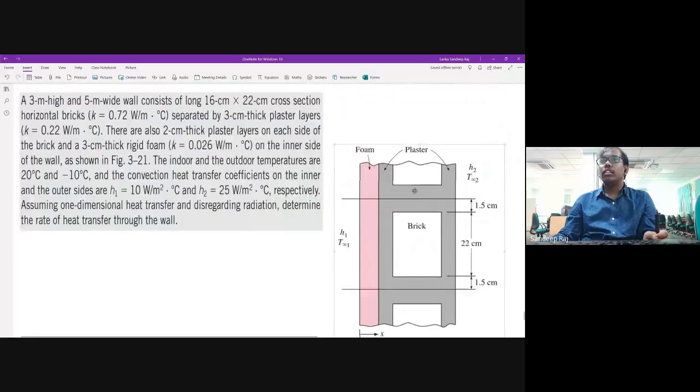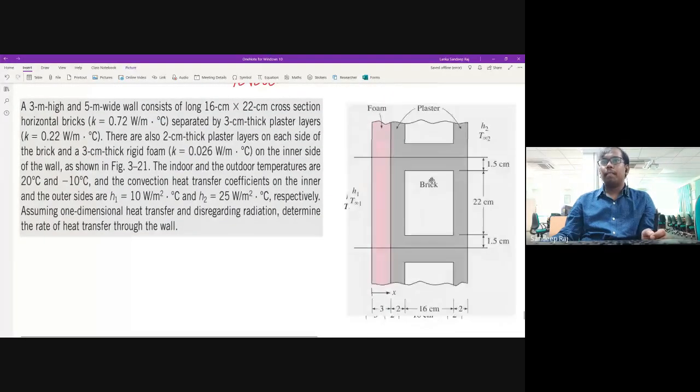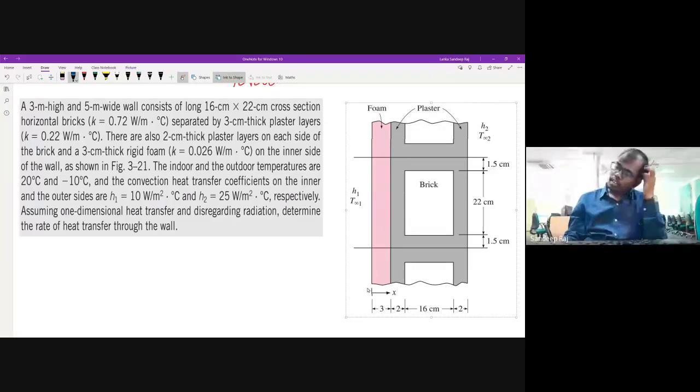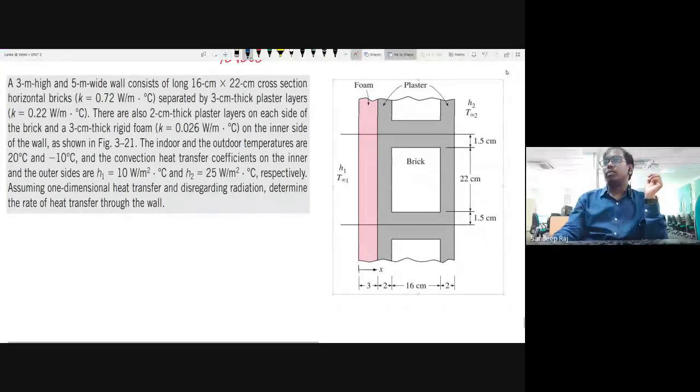Whenever you see a wall, this is how it will be. The wall will have a brick, and then around the brick you will have plaster, which is a mixture of cement, sand and other things mixed with water and poured here. Over that you will coat a layer of foam, something like paint or a layer of smoothness.